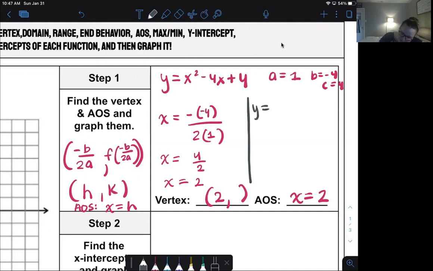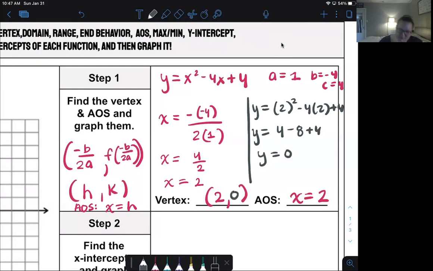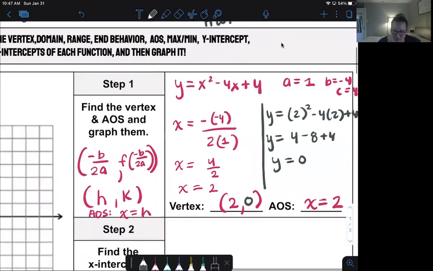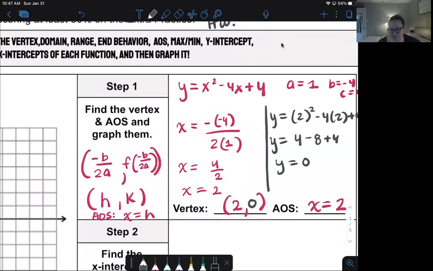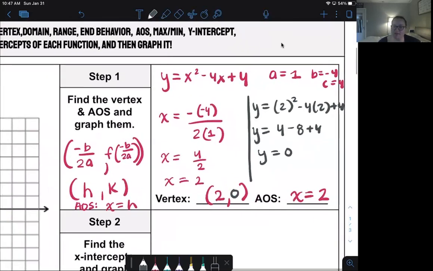So y is equal to 2 squared minus 4 times 2 plus 4. 2 squared is 4. Negative 4 times 2 is negative 8, plus 4. Let's see. 4 plus 4 is 8, minus 8 is 0. So y would be equal to 0 at that point. So we have the point (2, 0) as our vertex, axis of symmetry x equals 2.